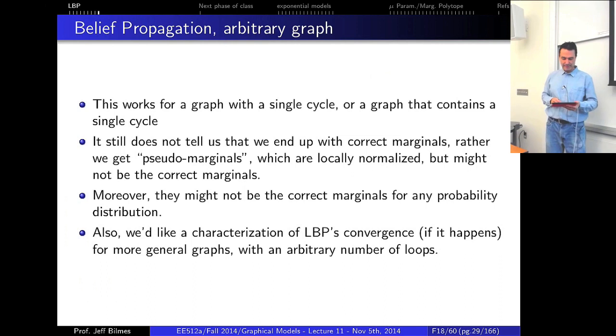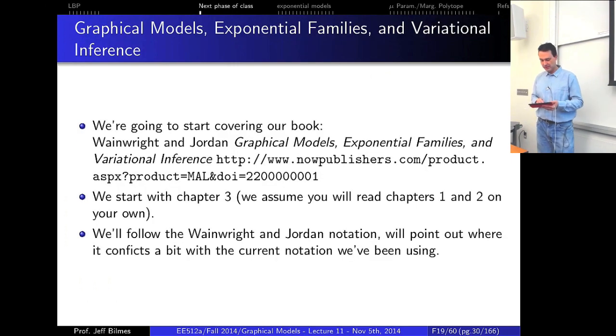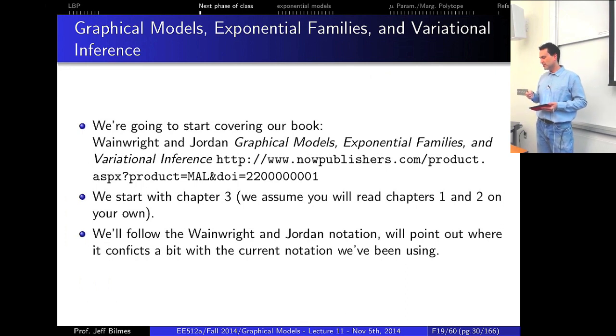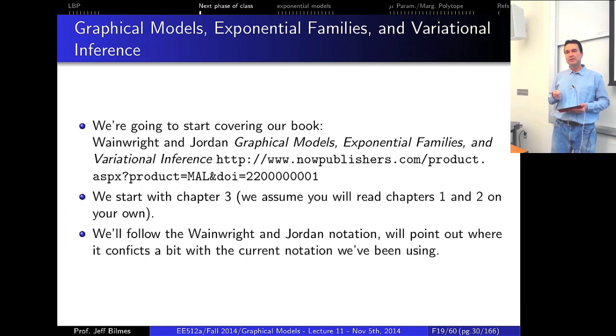But at the same time, this was a very classic result that was highly celebrated, because it was one of the first. Now what we're going to do is skip ahead maybe about a decade almost, and we're going to start looking at this book by Wainwright and Jordan, which I think gives you a really nice compact single source view of, for the most part, our understanding of the field as it stands still today.